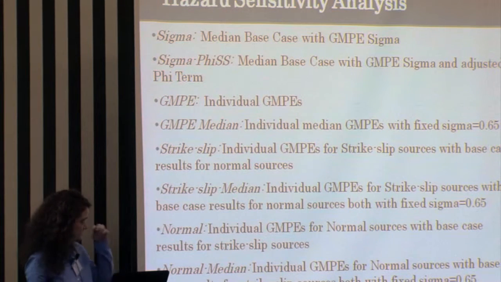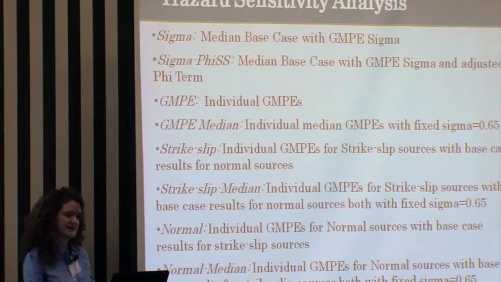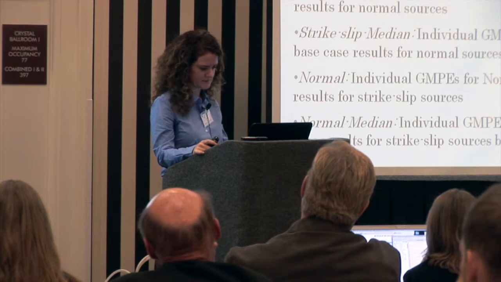For the strike slip medians, it's similar, but the sigma is again fixed, and the same goes for the normal faults, where I have my base case as my strike slip sources, and I'm comparing the results from the normal sources with those strike slips. And for the medians, the sigma is fixed.